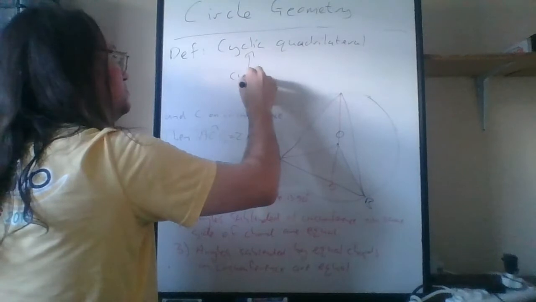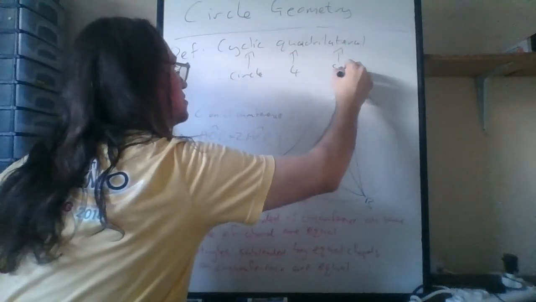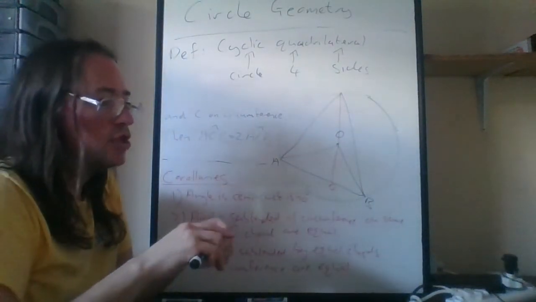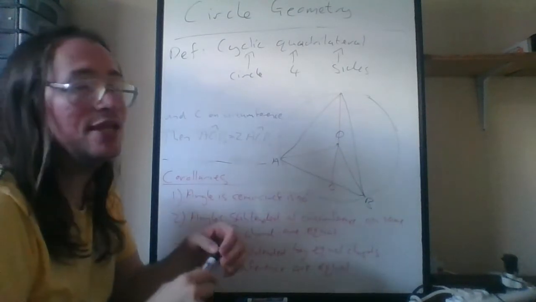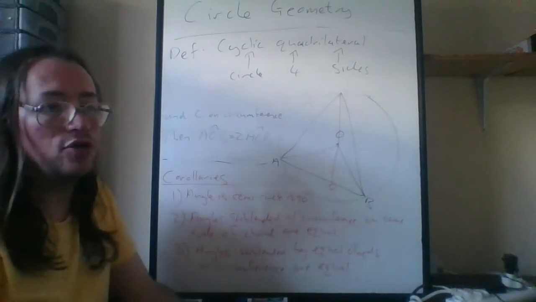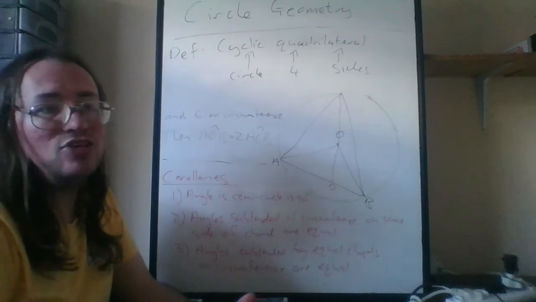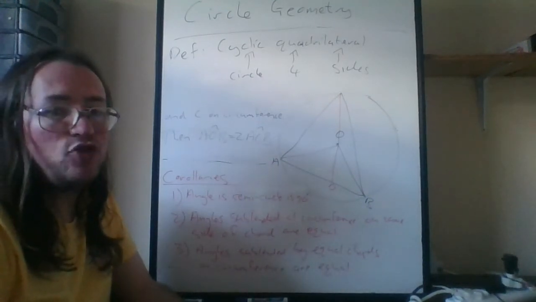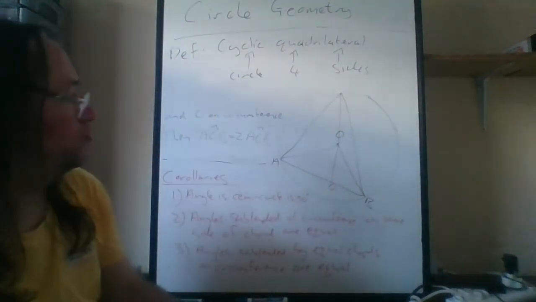Cyclic means circle, quad means four, lateral means sides. Now note that given any 3 points or a triangle, you can always draw a circle through the 3 points. So given any 3 points not in a straight line, you can draw a circle through those 3 points. So any triangle can be circumscribed by a circle. However, if you have 4 points, that is not necessarily true.